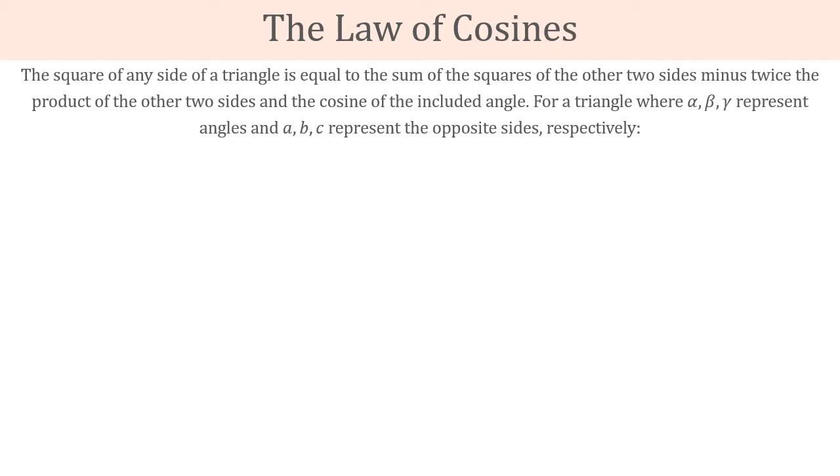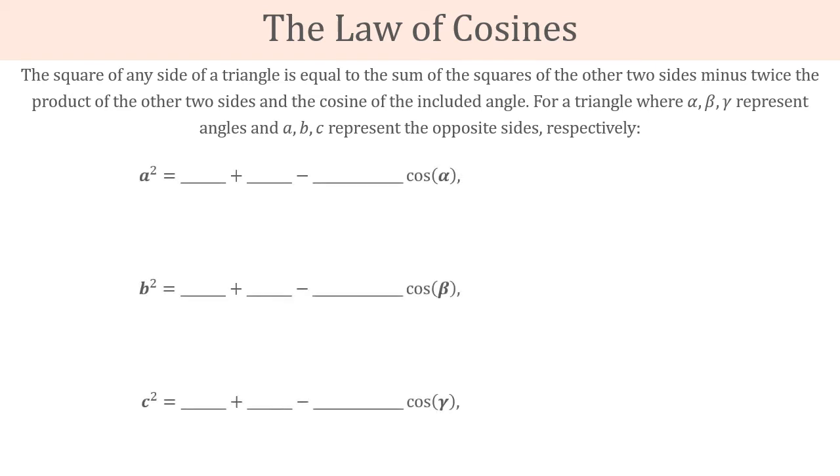For a triangle where alpha, beta, and gamma represent the angles and lowercase a, b, and c represent the sides opposite those angles, if we're starting with a squared, then that's going to equal b squared plus c squared minus 2 times b times c times the cosine of alpha. We know that it's the cosine of alpha because angle alpha is across from side A.